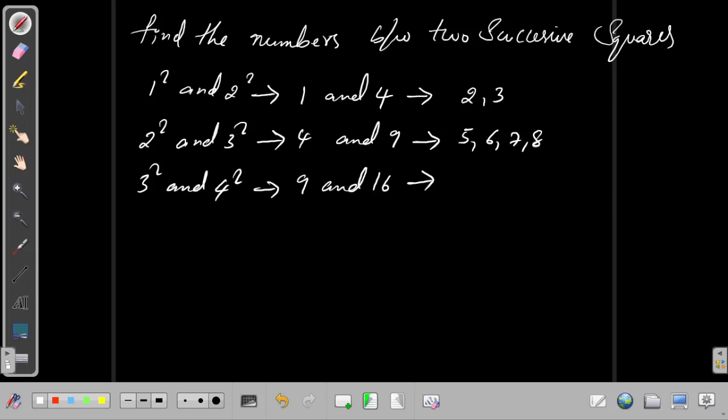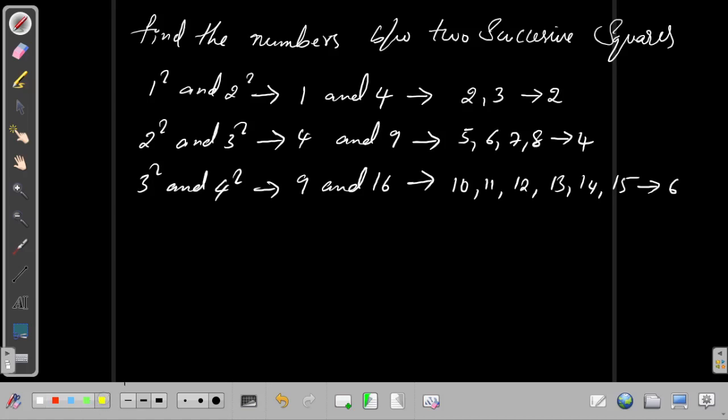So the numbers between 9 and 16 are 10, 11, 12, 13, 14, 15. Now how many numbers are here in total? 2. Here? 4. Here? 1, 2, 3, 4, 5, 6. 6.